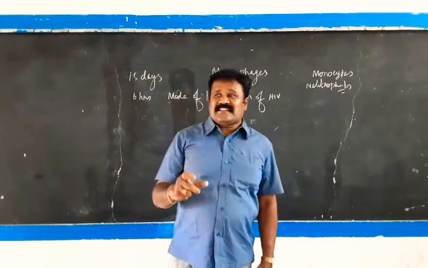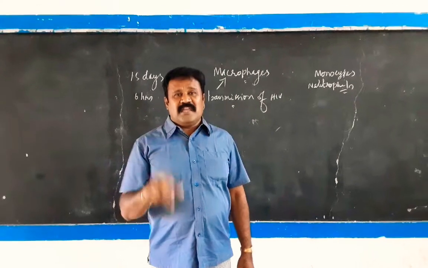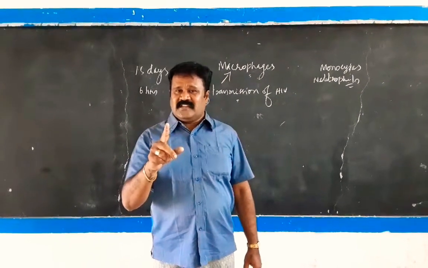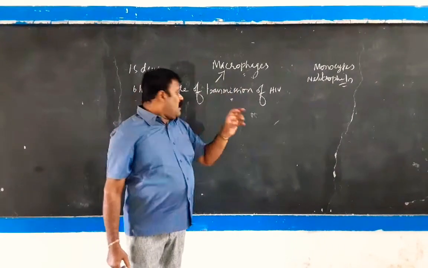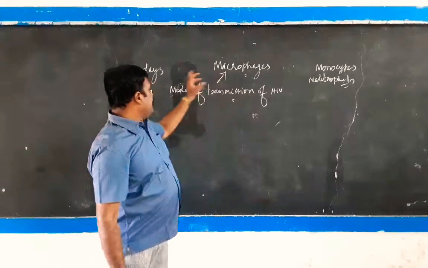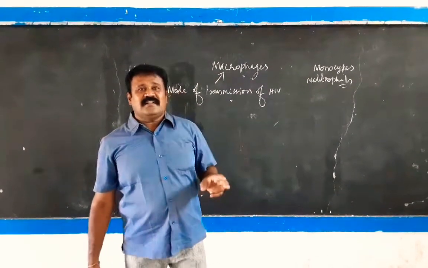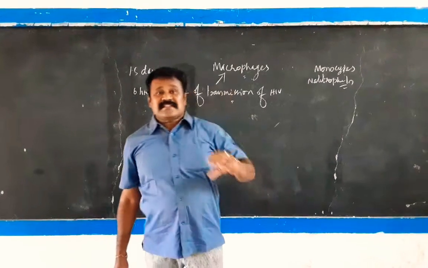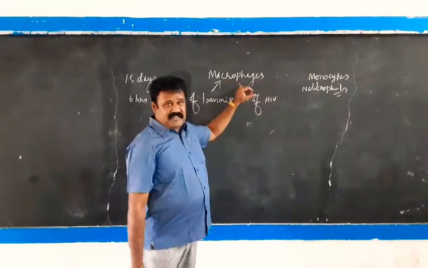After entering the macrophage, using the reverse transcriptase enzyme, the RNA of HIV is converted into DNA. That is the first action. Once converted into DNA, it gets incorporated with the DNA of the macrophage.